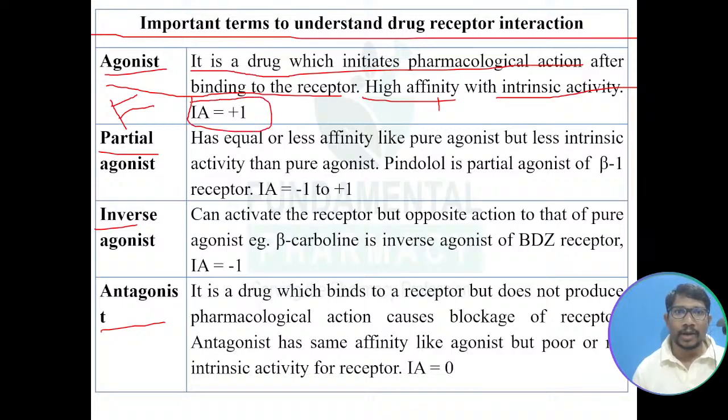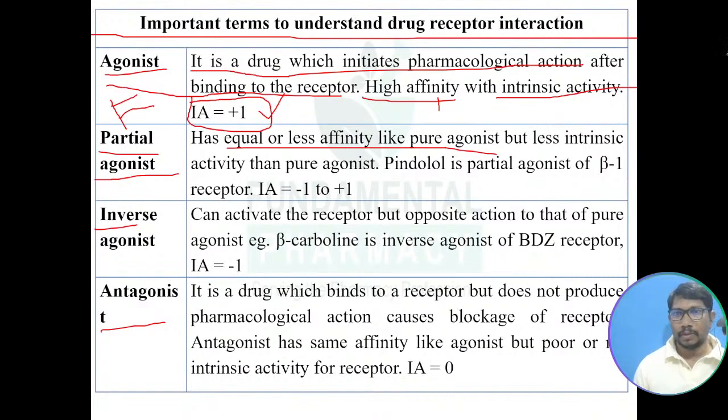Meaning a full agonist has an intrinsic activity on the plus side. Now what do you mean by partial agonist? Partial agonist means it has equal or less affinity like a pure agonist or full agonist, but as the name indicates, partial, it has a partial intrinsic activity.